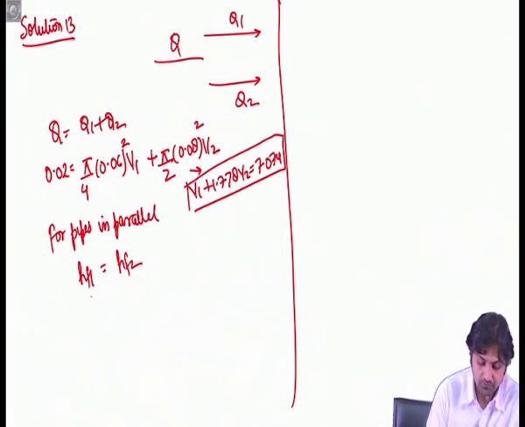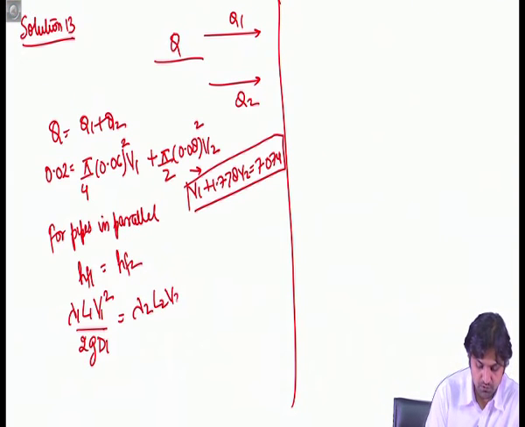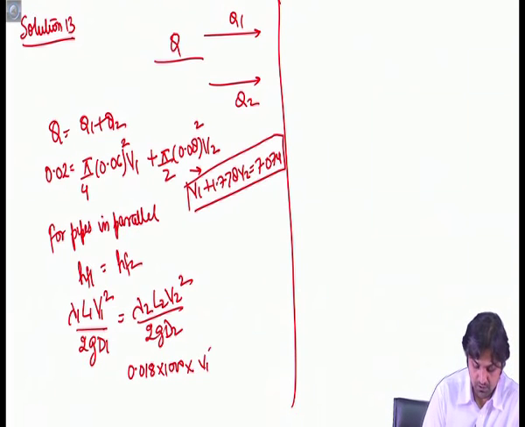And now HF1 is equal to HF2, which means lambda 1 L1 V1 square by 2G D1, the major loss in pipe 1, is equal to lambda 2 into L2 into V2 square by 2G D2. All right. So, let us substitute the values. Lambda 1 was 0.018, length was 1000 for the first pipe, into V1 square by 2G into 0.06.